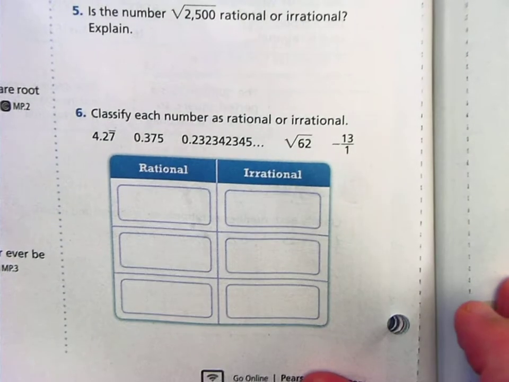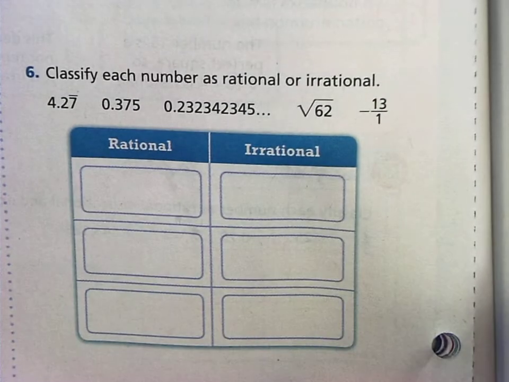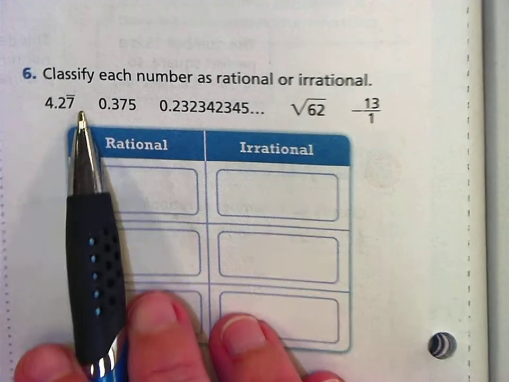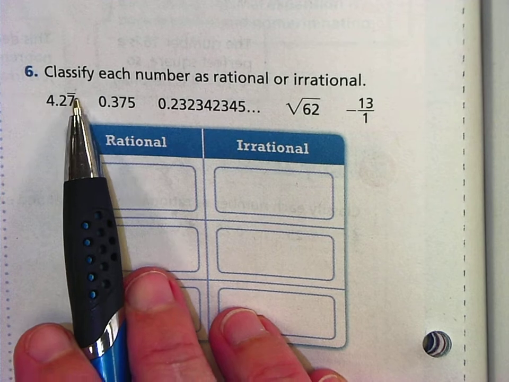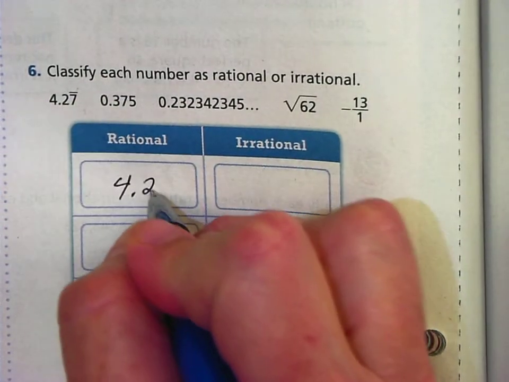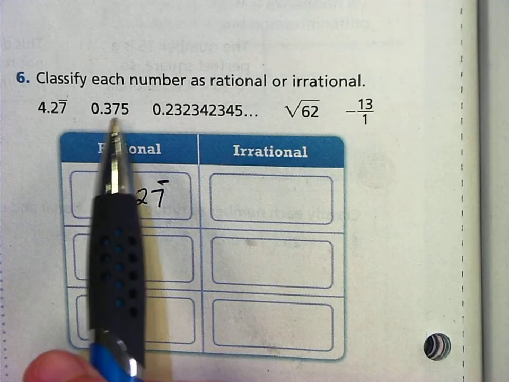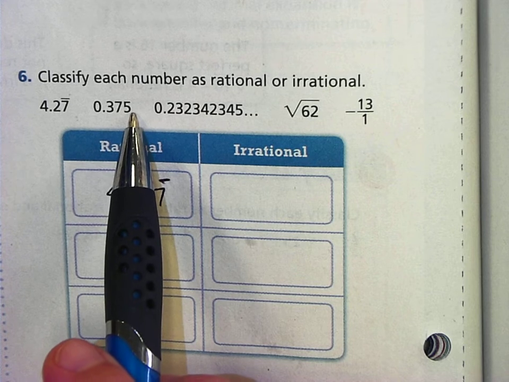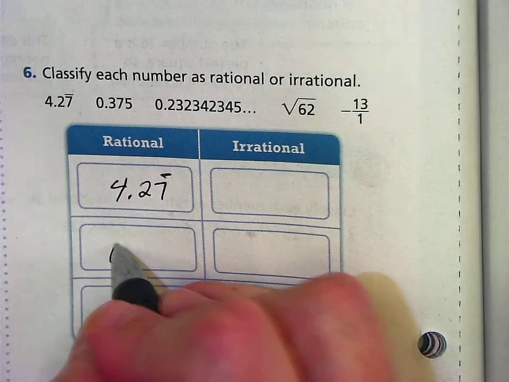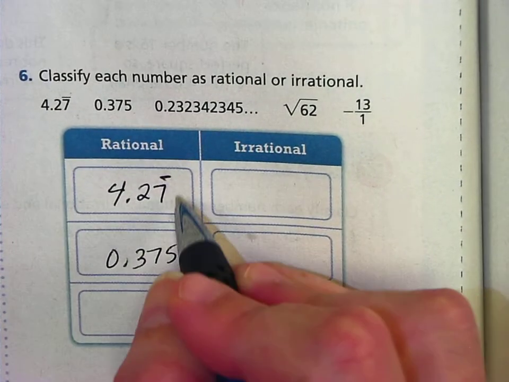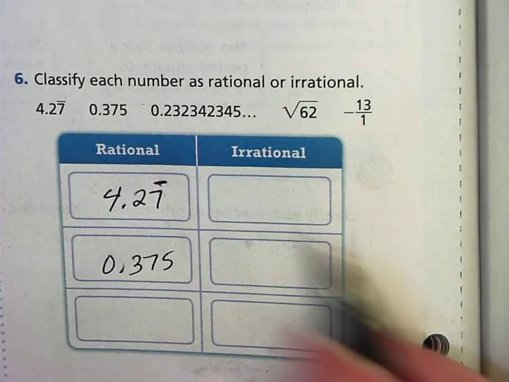Okay, so let's classify. Let's take a look at the bottom of page 16. So we're going to call these rational or irrational. Okay, folks, any number that repeats is rational. Any decimal that ends, that's rational. So terminating and repeating decimals are rational.